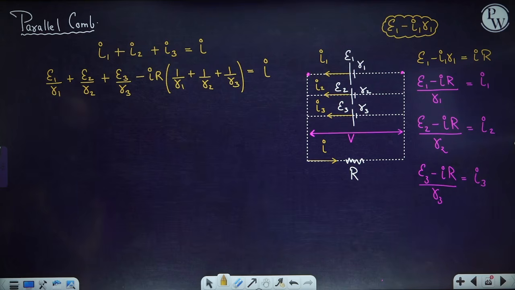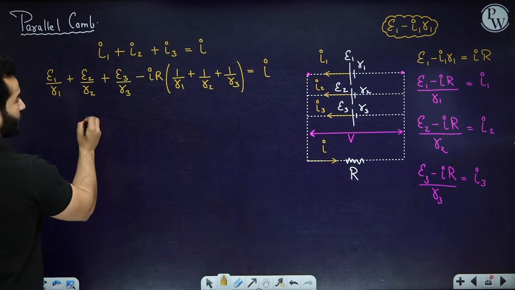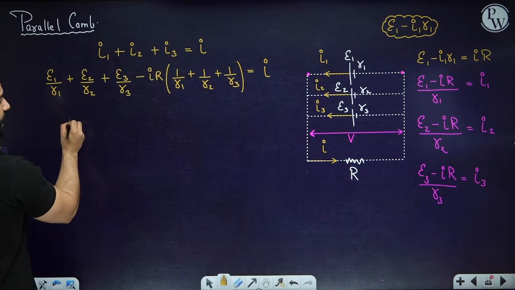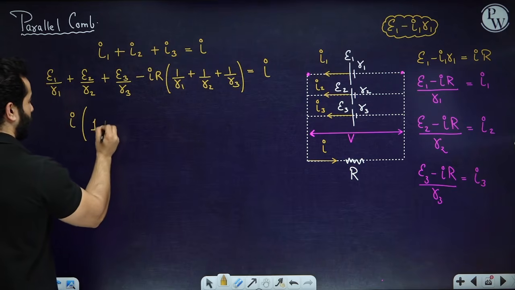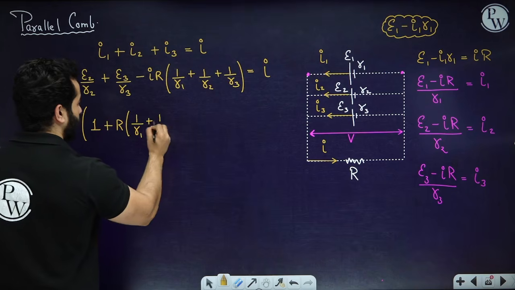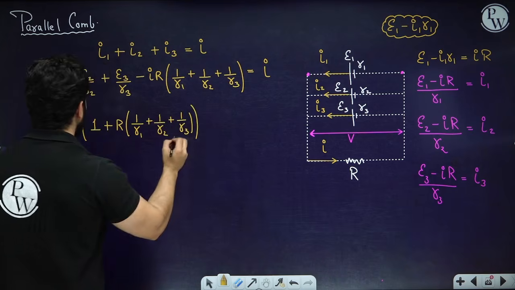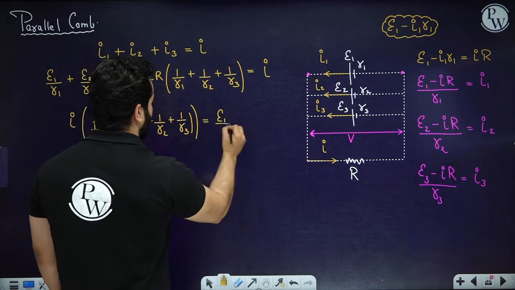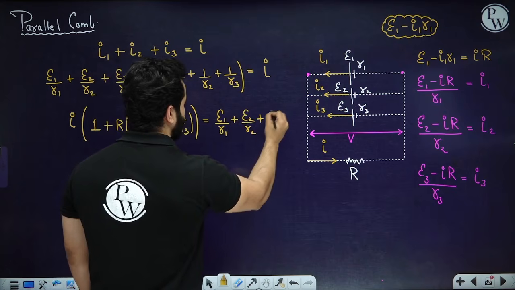Now after this, by the way, please understand that I have added all of these things up. Now the next thing is, let's transpose that to the other side. So this will become something like this. I'll take I as common, and that will become 1 plus R times 1 upon R1 plus 1 upon R2 plus 1 upon R3 equals E1 upon R1 plus E2 upon R2 plus E3 upon R3.